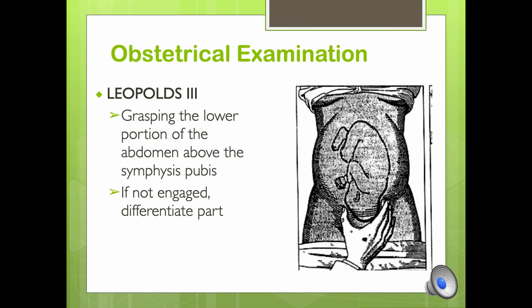You grasp the lower portion of the abdomen just above the symphysis pubis using your dominant hand. It's the same thing: if it's a hard ballotable mass, then that's a head, so that is a cephalic presentation. You're able to feel this if the presenting part is not yet engaged.